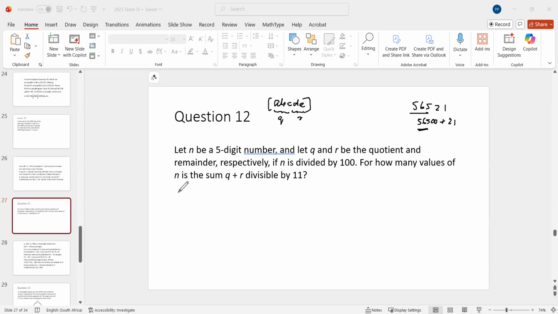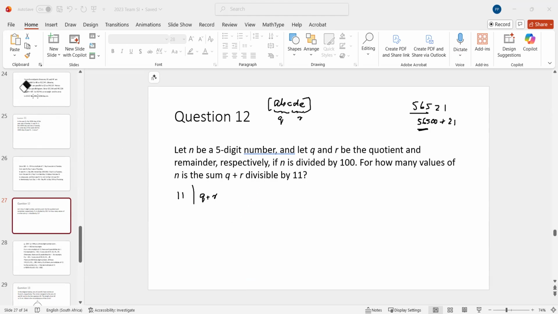So in other words, you want 11 to be a factor. I use this vertical symbol to be a factor, like 7 is a factor of 21, or 33 is a factor of 66, and so on. It's a shorthand for a factor. So 11 is a factor of Q plus R.